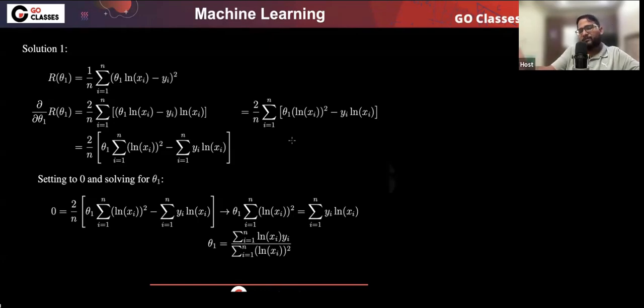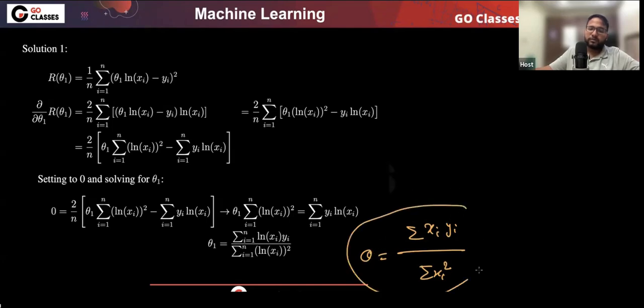Now you might remember a little bit, and I'm actually not expecting you to remember. But do you remember we have solved a simple kind of this derivation earlier, where I was getting summation over xi yi upon summation over xi square? Do you remember? Anyone? Yes, there was some theta we calculated for y equal to, let's suppose, theta naught plus theta 1 x.